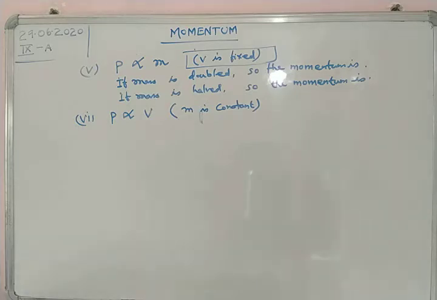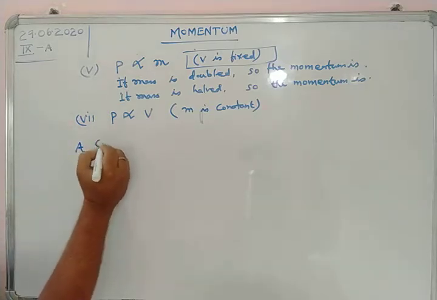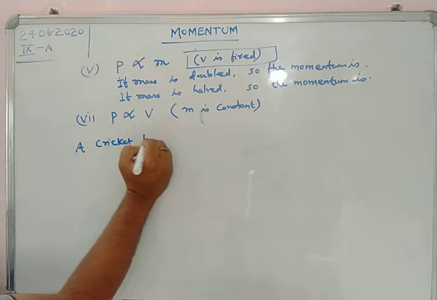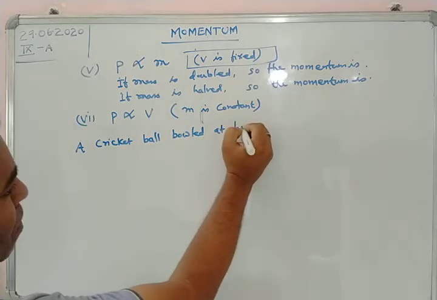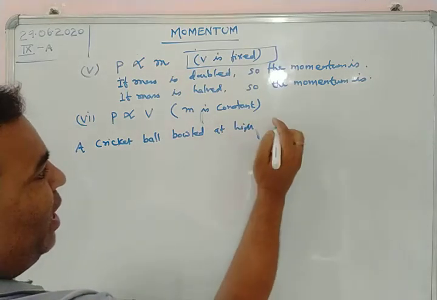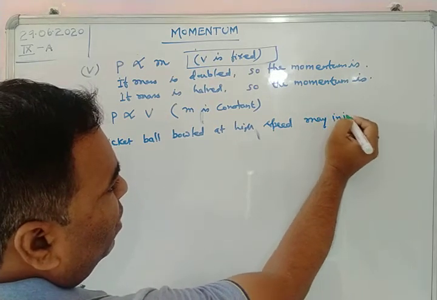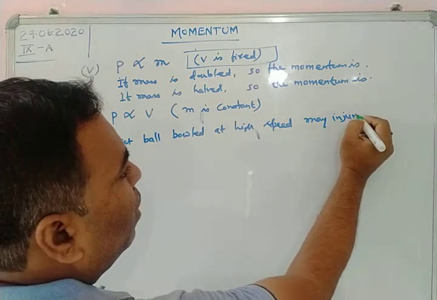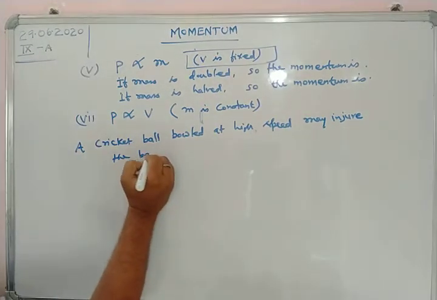What could be an example? We can say that a cricket ball bowled at high speed may injure the batsman severely.